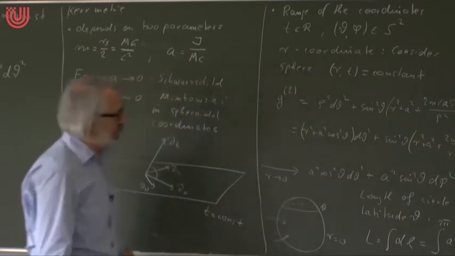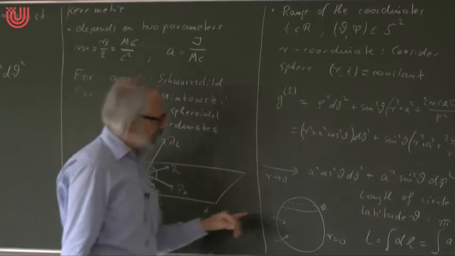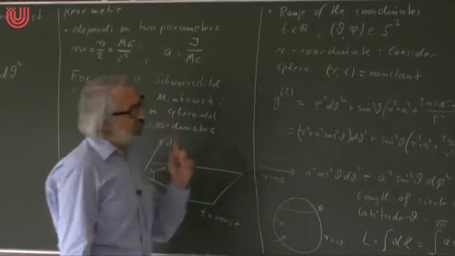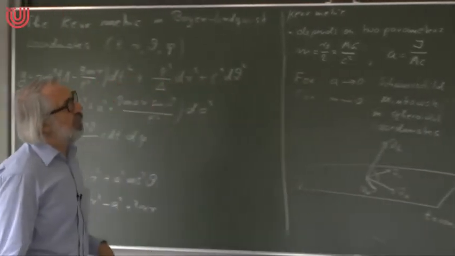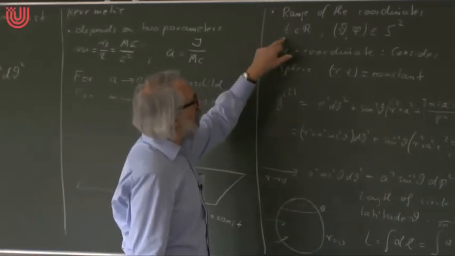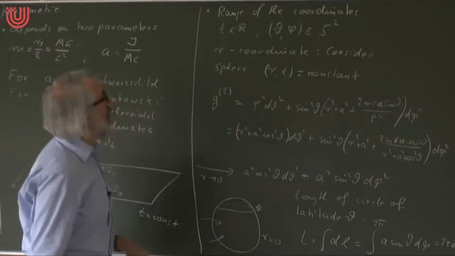So this has also to be checked. We will do this in a minute. You will see that there is a singularity of other metric coefficients, but only on part of the sphere, not everywhere. So the statement that we can pass through it remains still true. So the range of our coordinates is the following. T runs over R, theta and phi run over spheres, and r runs over all of R.